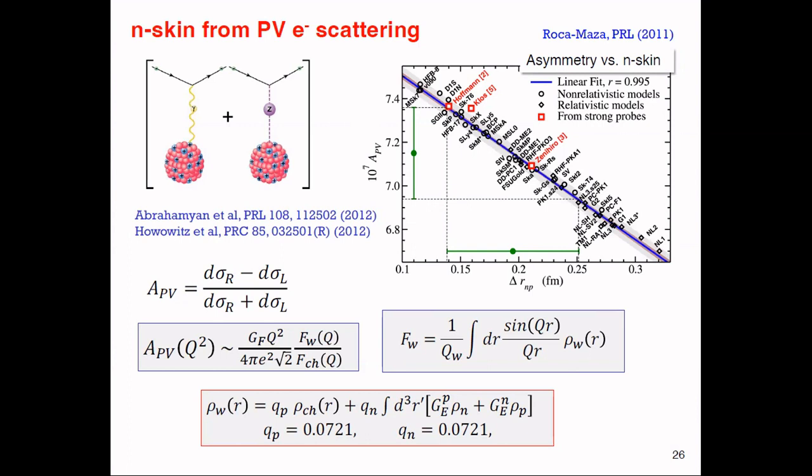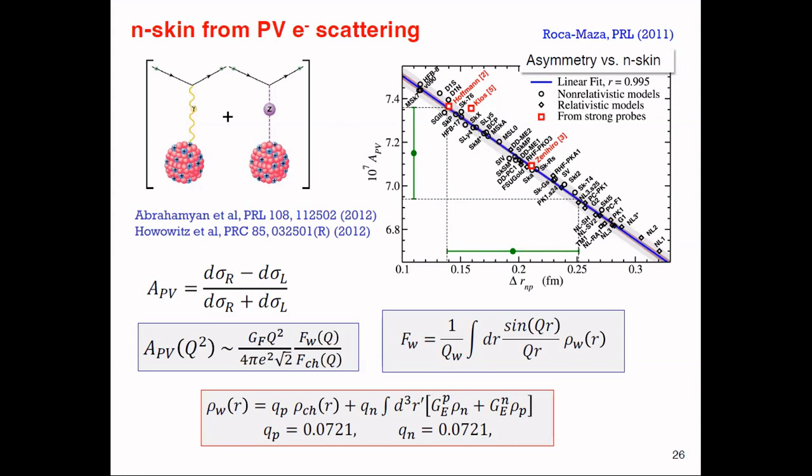They audaciously went in that direction. They used this quantity here, looked at spin up and spin down scattering, and showed that it depends on the form factor for the weak interaction, which is associated with the weak charge in nuclei, and it's like what we know. This density here has to do with the charge density and also with the neutron and proton density.